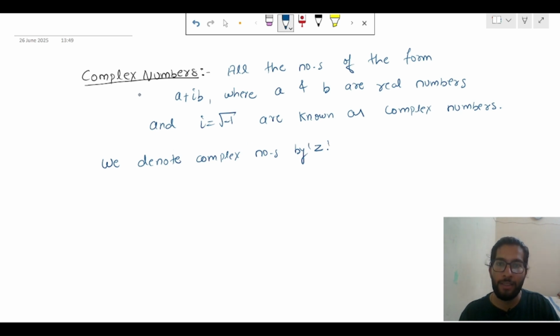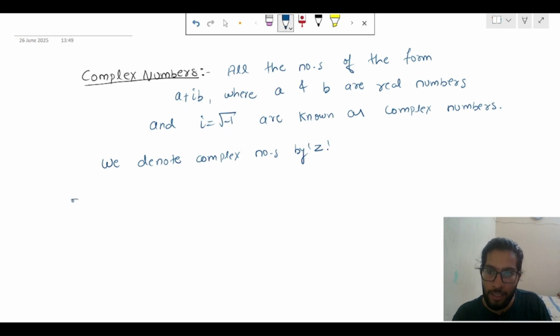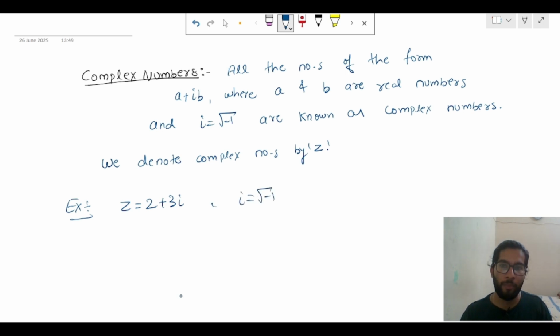So the definition is that all the numbers of the form a plus iota b, in which a and b are real numbers and iota is equal to under root minus 1, are known as complex numbers. I am giving an example. Suppose z is equal to 2 plus 3 iota, in which 2 and 3 both are real numbers and iota is equal to under root minus 1.